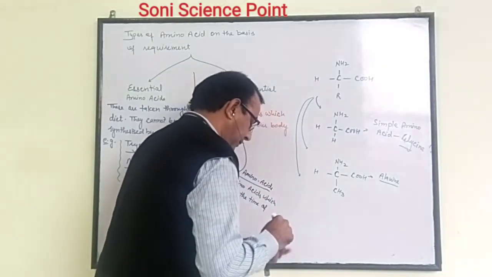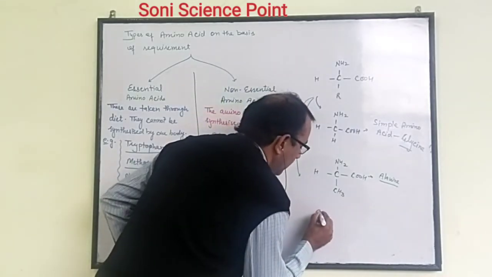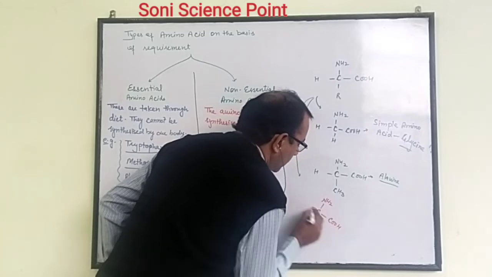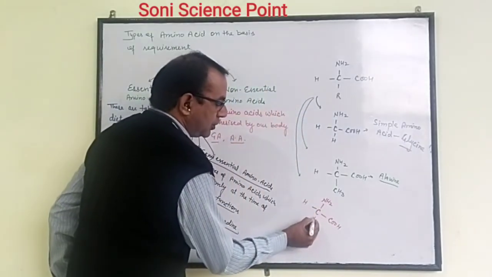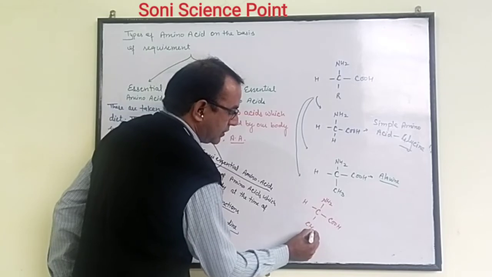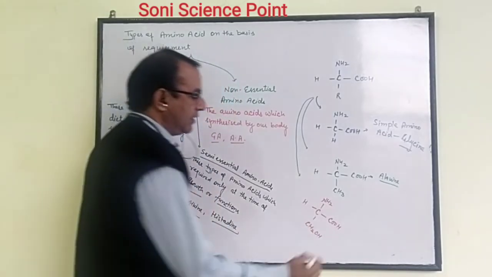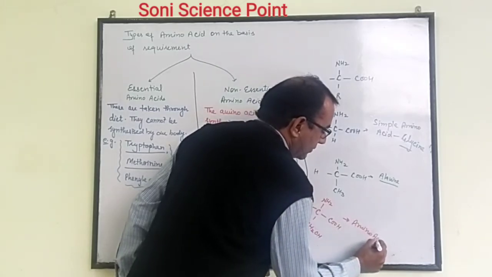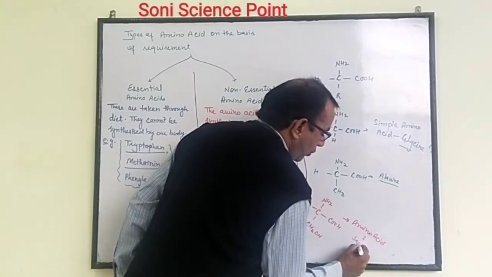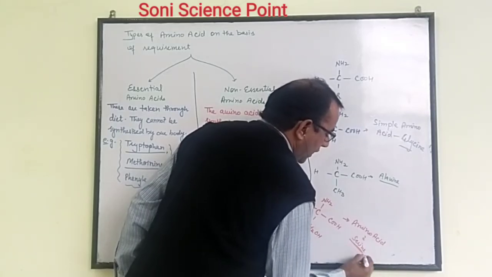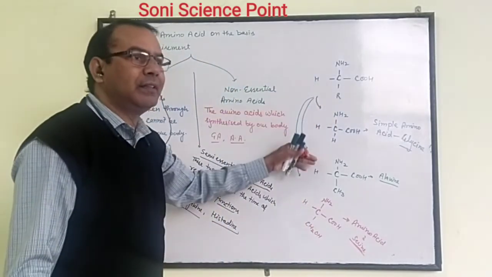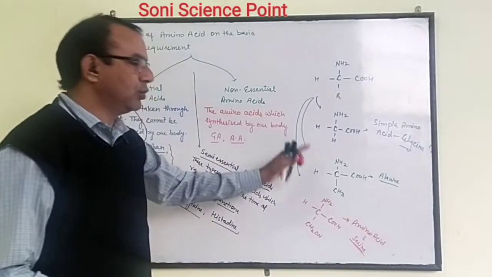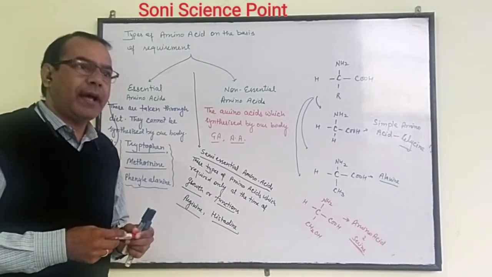Which amino acid? Serine. So the group attached at position R, such as a methyl group, shows the different types of amino acids.